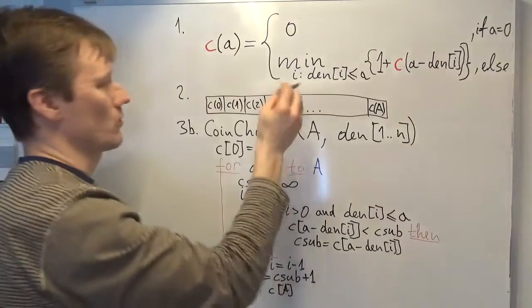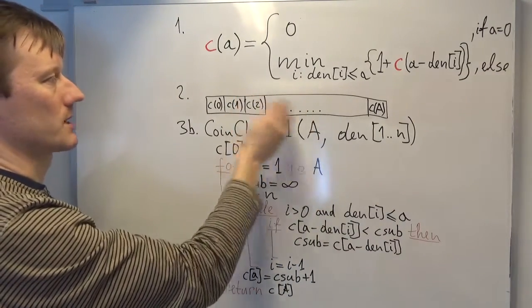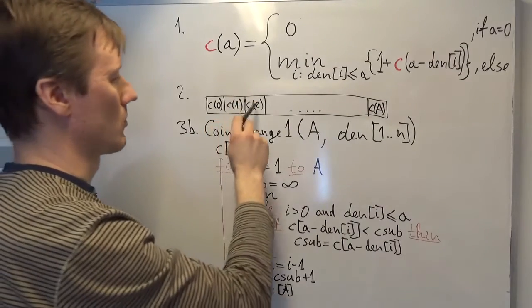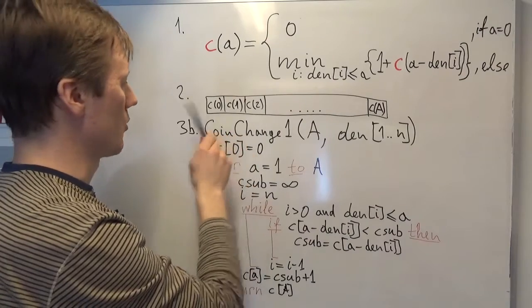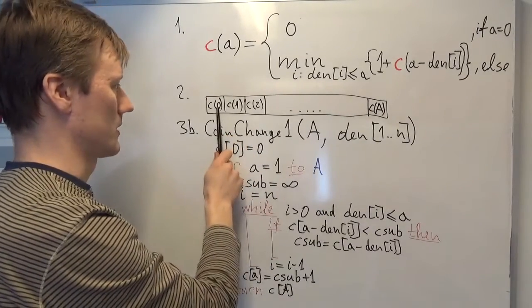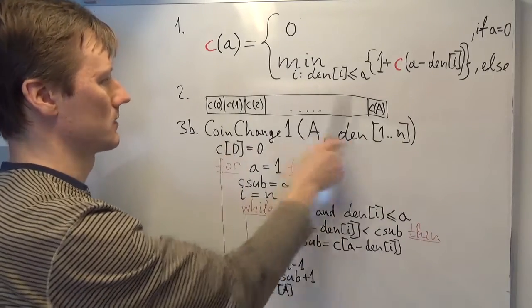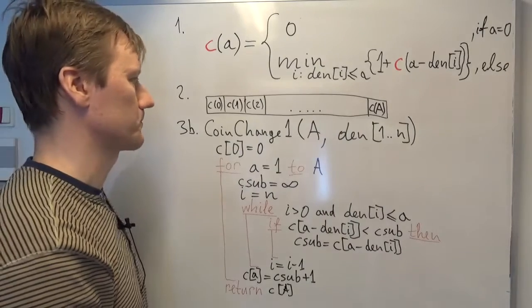So this means that when we are solving something in the middle of the table, we need only subproblems that have smaller values of the amount to change. So if we fill the table from left to right, from small values of A towards large values of A, we should be doing fine.